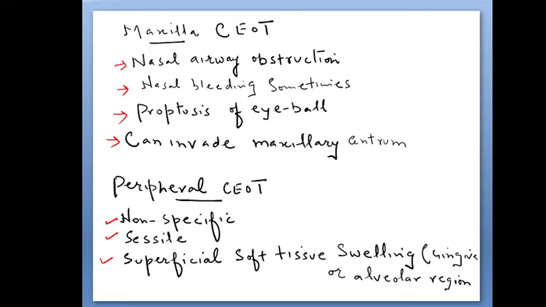Peripheral COTs are seen on soft tissues, mostly gingiva or alveolar region. They are non-specific tumors, superficial or soft, and we have to differentiate these tumors clinically and microscopically from other non-odontogenic soft tissue growths.